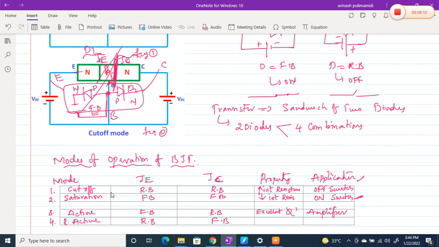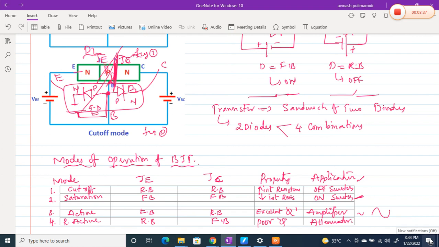What property does it offer here? If the active mode is an excellent transistor, here it is a poor transistor. And if it is an amplifier, amplifying a small signal to a large signal, here it will be an attenuator, opposite to an amplifier.